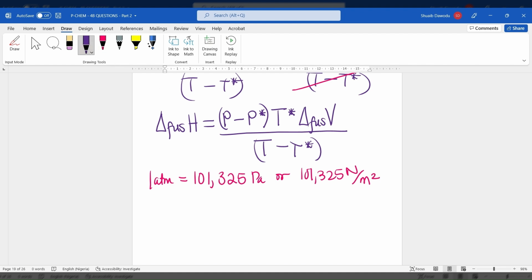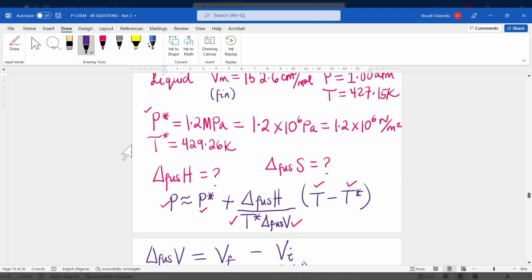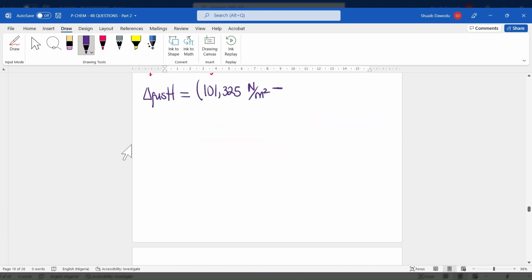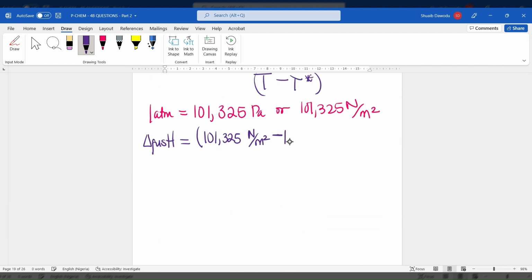So change in enthalpy of fusion is equal to 101,325 Newton per meter squared minus P star, which is 1.2 times 10 to the power of negative 6 Newton per meter squared. We can also see that as 1,200,000 Newton per meter squared.